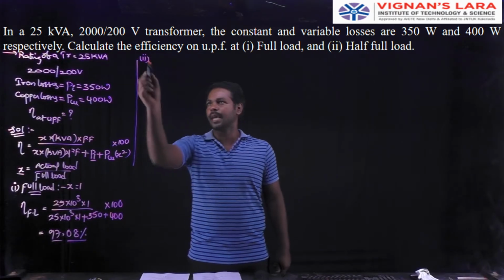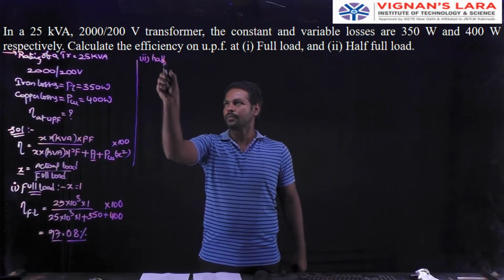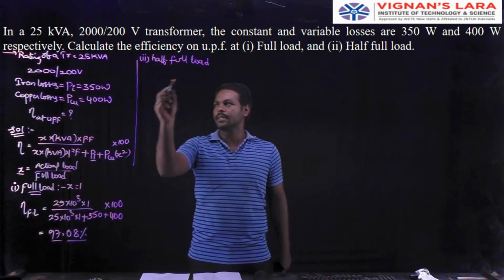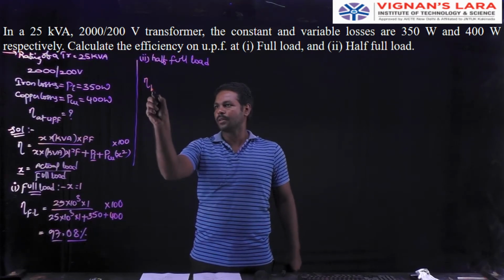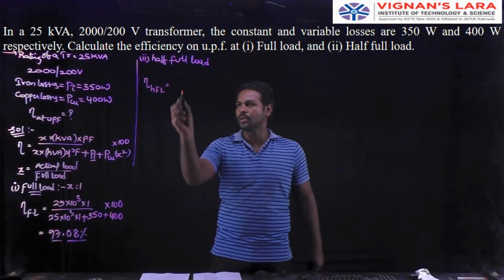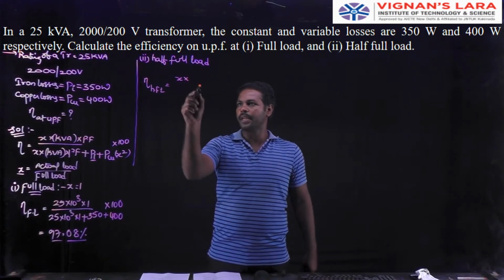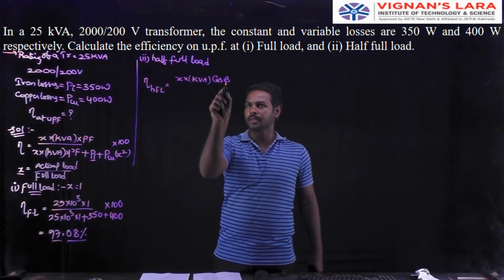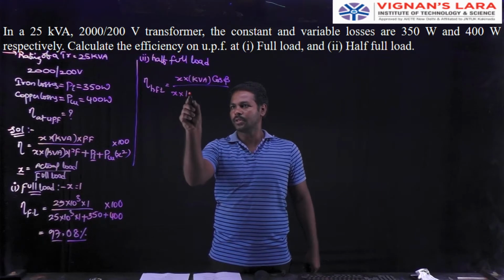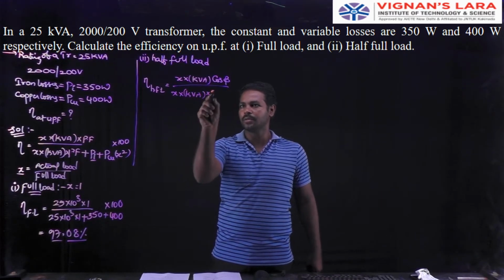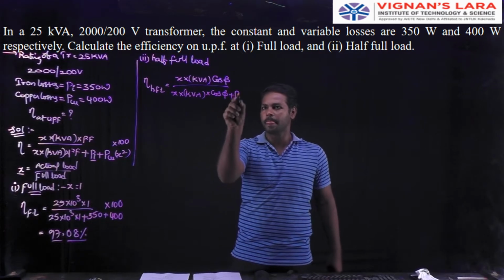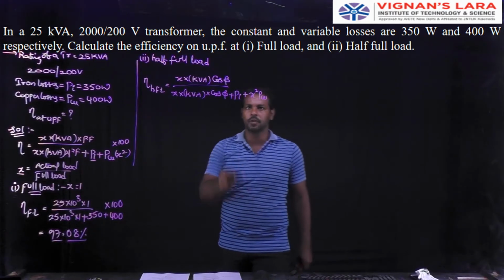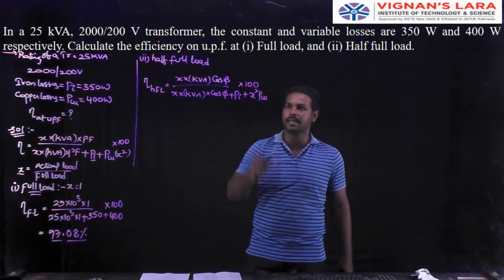Case number 2: efficiency is to be calculated at half of full load. Efficiency at half full load is equal to X into kVA into cos phi divided by X into kVA into cos phi plus Pi plus X square into full load copper losses, multiplied with 100.